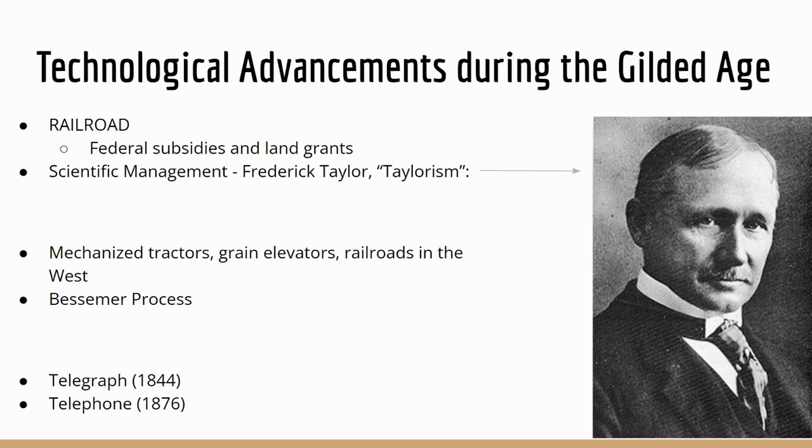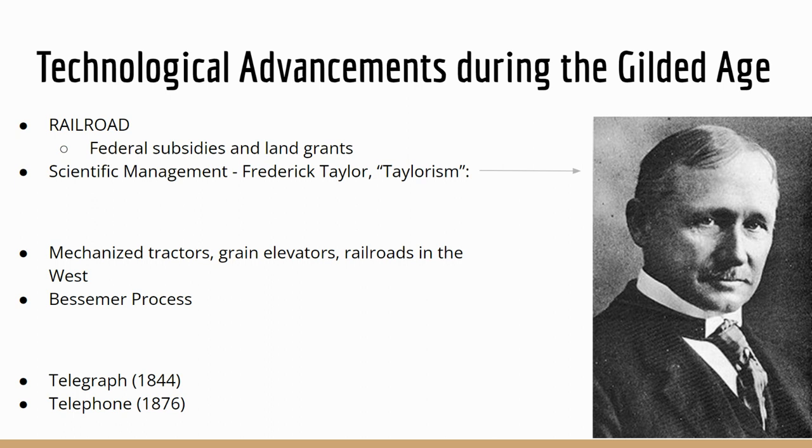He comes up with this idea for factory workers that's going to improve their efficiency, with timed tasks where workers are given specific tasks and asked to do them in a timed manner to increase their productivity. And it's very effective. We'll see this as we continue on throughout the Industrial Revolution, with things like assembly lines that fit in with this idea as well.